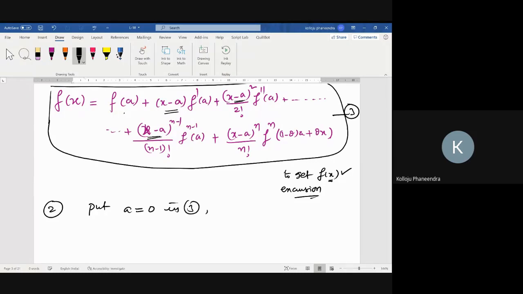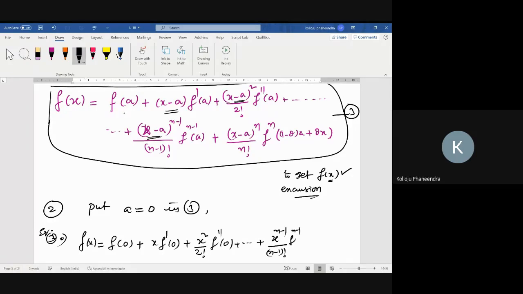Then equation 3 becomes f of x equals f of 0 plus x into f dash 0, plus x square by factorial 2 f double dash 0, and so on, x to the power of n minus 1 by n minus 1 factorial f n minus 1th derivative 0.